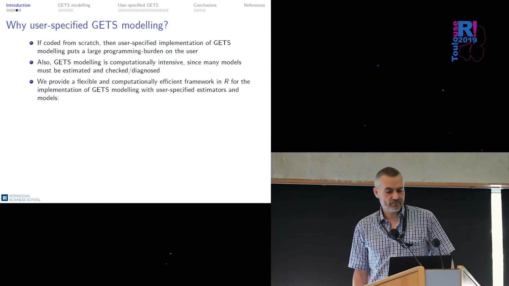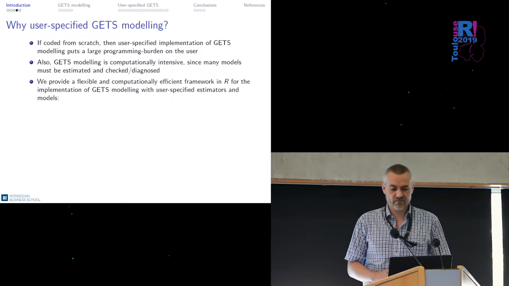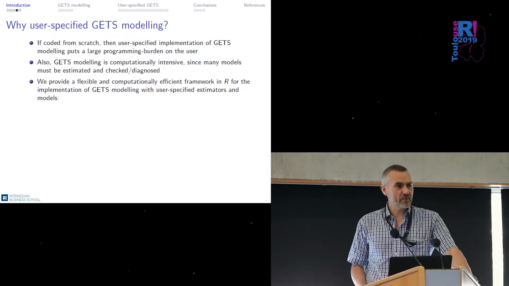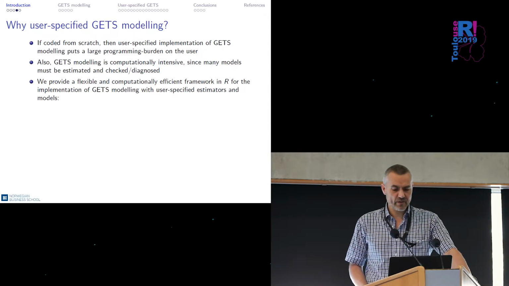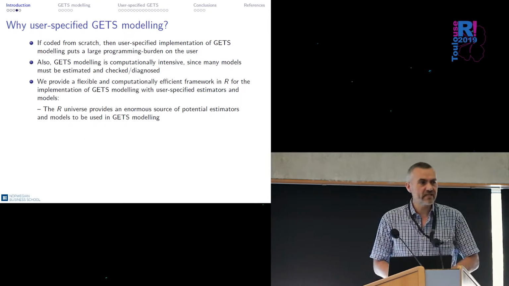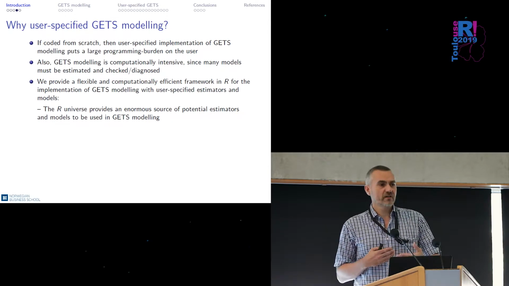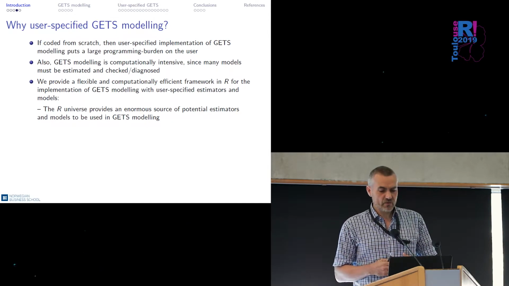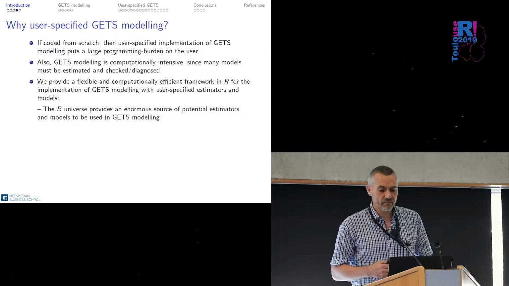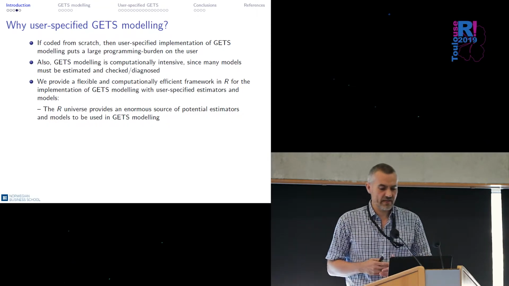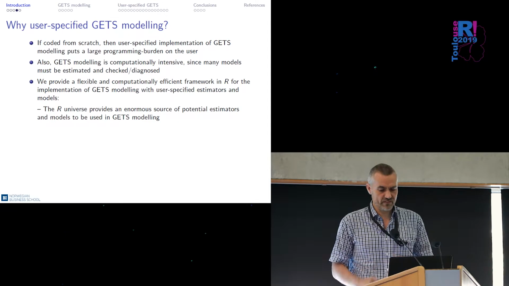So we provide a flexible and fairly computationally efficient framework in R for the implementation of Gets modeling with user-specified estimators and models. And almost needless to say in this context, one of the motivations for that is that you can facilitate the use of all the estimators and models that are potentially out there in the R universe.